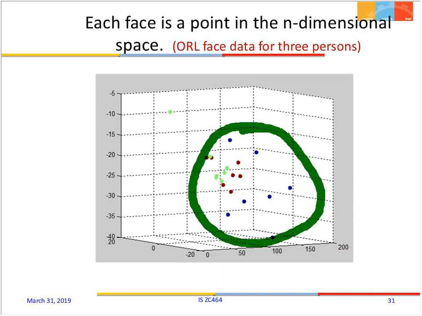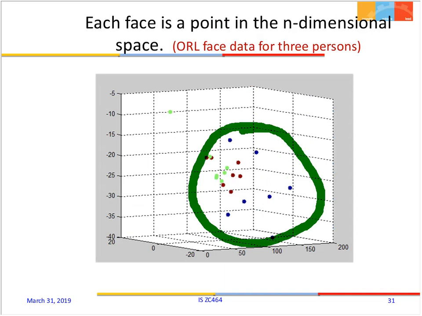Unless carefully selected, we cannot discriminate between people by faces. But human intelligence is much larger than what we can create in the AI systems or machine learning systems.